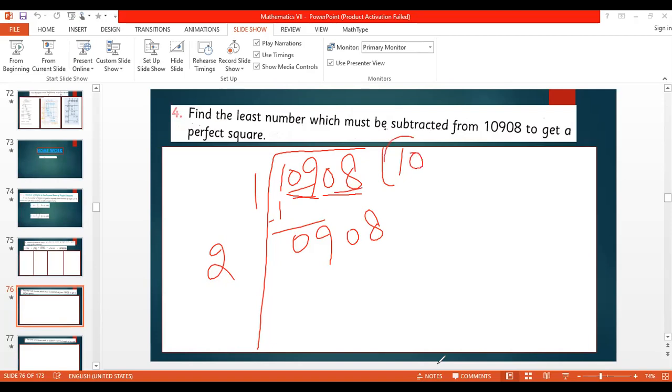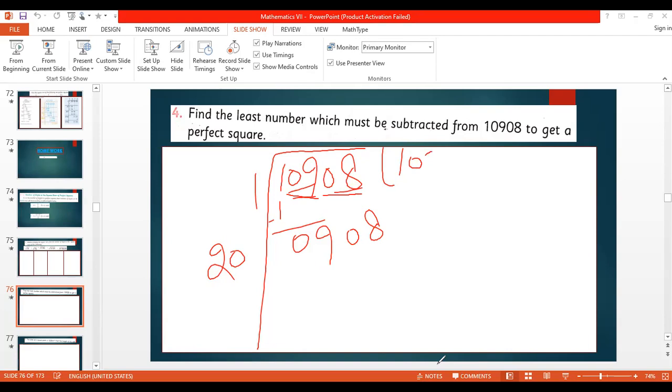And you know its double will be 20 now. What table should we use? If I take 4, 4 2s are 8 and there is 9, so I think it is valid.